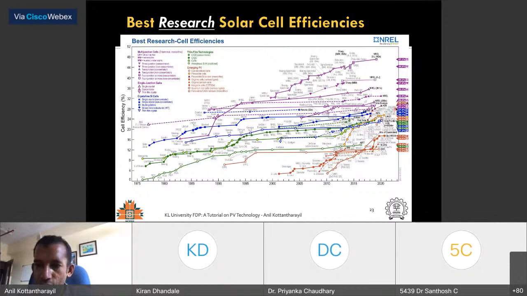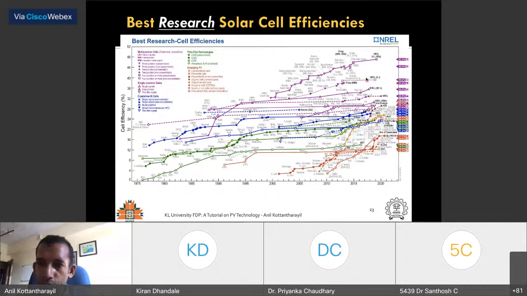Then you have other technologies. These are all crystalline silicon, various types of crystalline silicon. And then you have thin film, CIGS, cadmium telluride, and so on. Cadmium telluride is somewhere here, and CIGS is also here. CIGS has actually reached a higher efficiency, 23.4%, and so on.